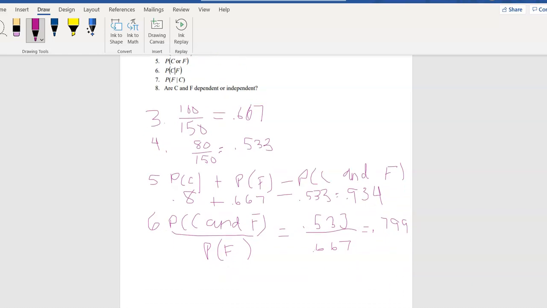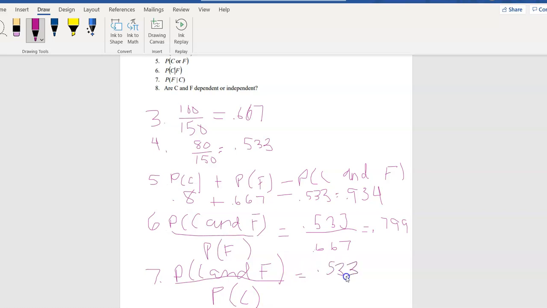All right, now number 7, let's do exactly the same thing. Let's do our formula again. So it's going to be the probability of C and F. But this time, on the bottom, it's the probability of C. So we'll have 0.533 still on the top.